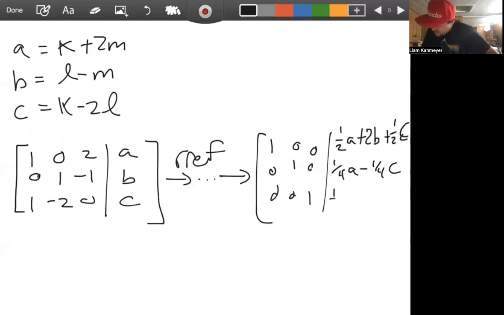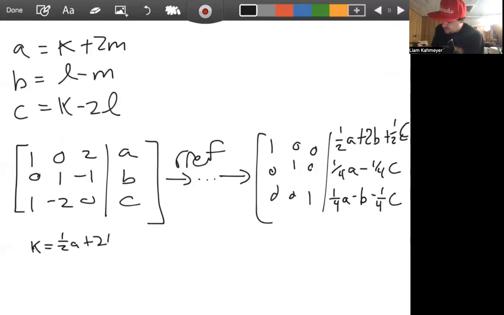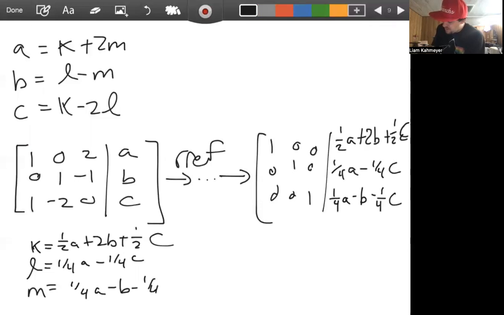And then we have 1/4 a minus b minus 1/4 c, which implies that k is equal to 1/2 a plus 2b plus 1/2 c, l is equal to 1/4 a minus 1/4 c, and m is equal to 1/4 a minus b minus 1/4 c.